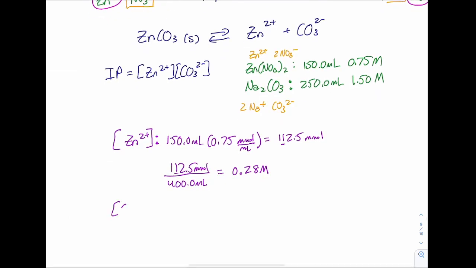For carbonate ions, I'm going to take the 250 milliliters multiplied by its concentration. Again, I'm using that capital M as millimoles per milliliter. Milliliters are going to cancel. And I get 375 millimoles.